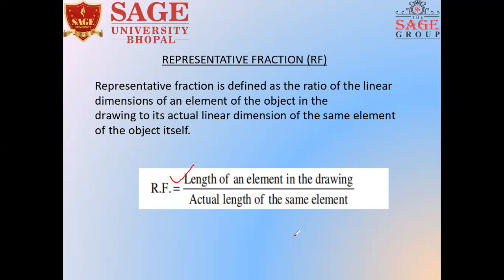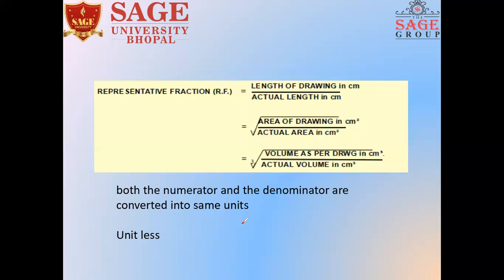Length of an element in a drawing, the length of an object to be drawn, upon the actual length of the same element. So this is the value of RF, length of drawing in centimeter upon actual length in centimeter, but we can't say it's always given in centimeter because RF is always unitless.